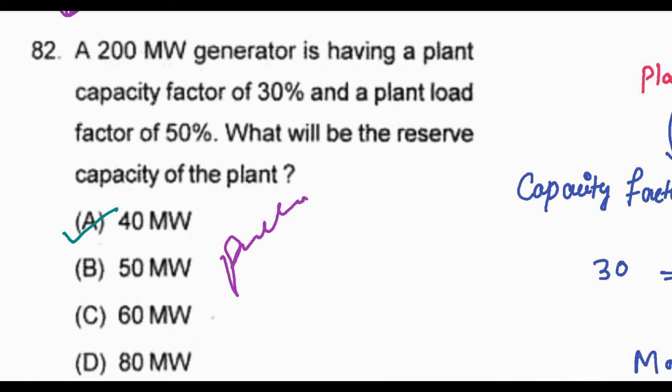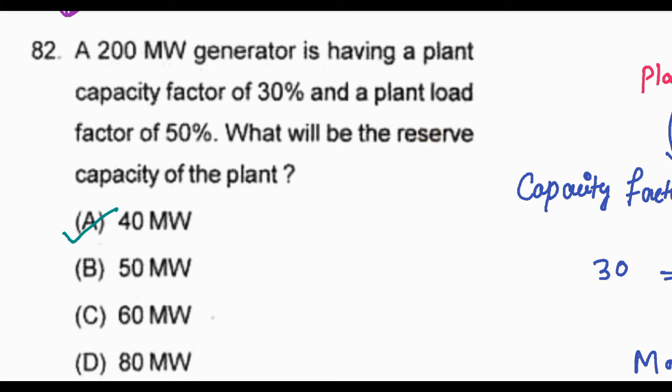Know everything about it, because in many exams many questions have already been asked about it, and it is a very special term. And for calculations of generation or economy, reserve capacity, load factor, capacity factor and diversity factor are all very important.